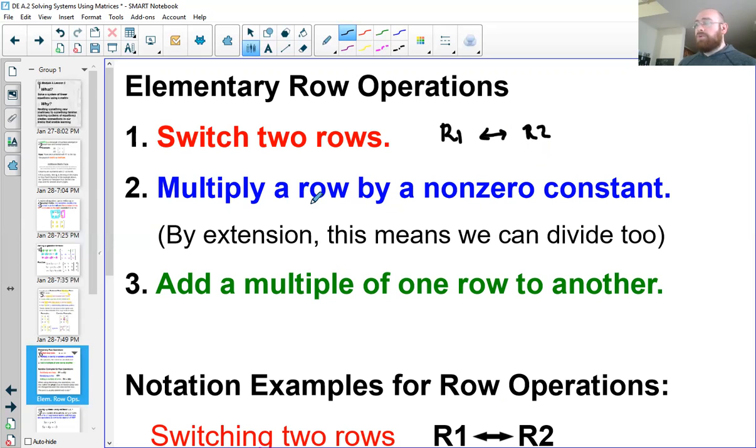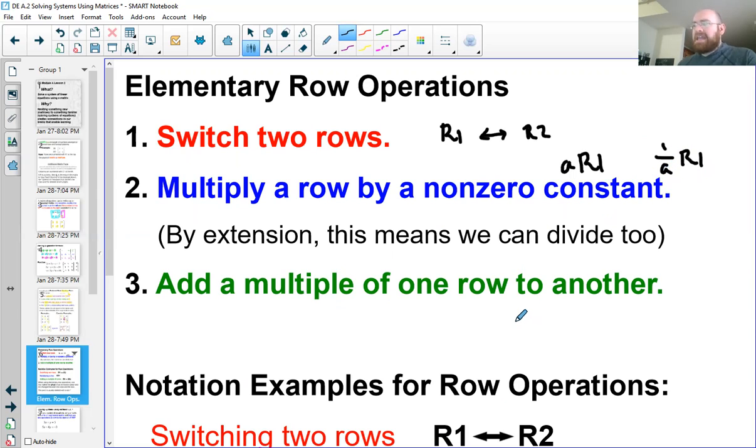We can also multiply a row by a non-zero constant. For example, if A is any number, you can multiply R1 by A. By extension, this means we can also divide, but by dividing, we really think we're multiplying by the reciprocal. So if I divide the entire row by A, it's like multiplying by 1 over A.